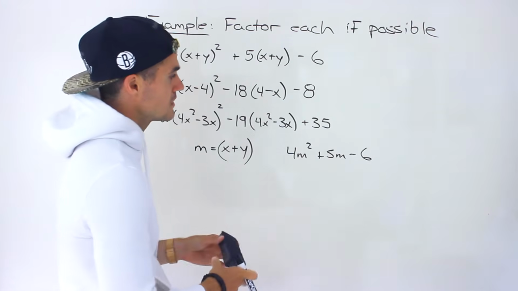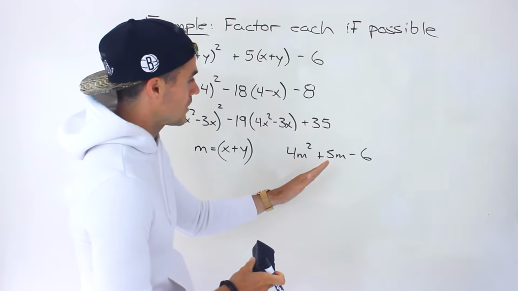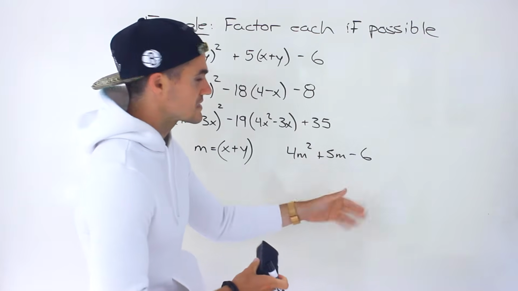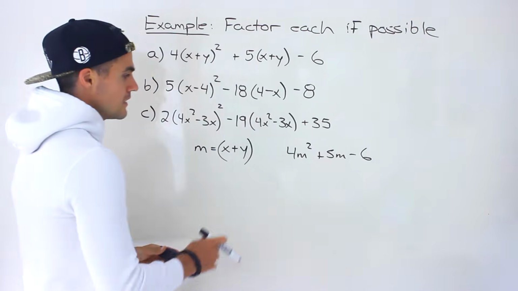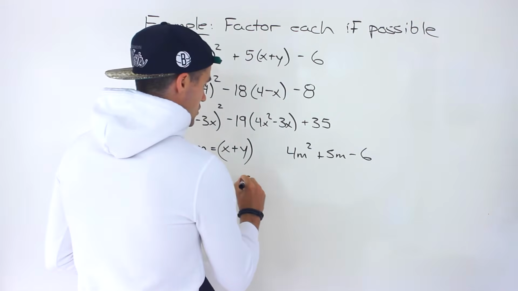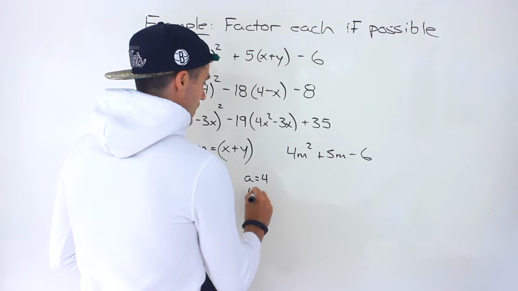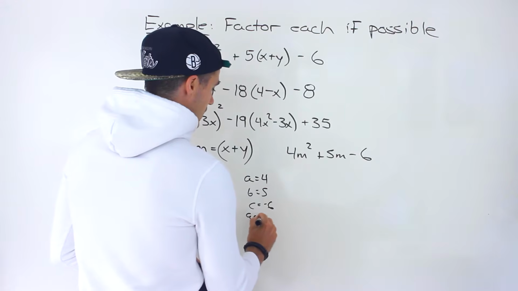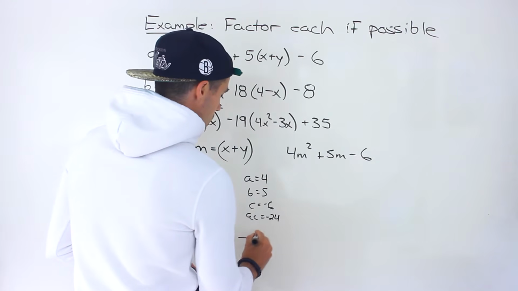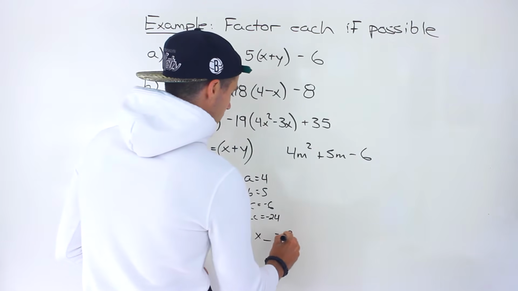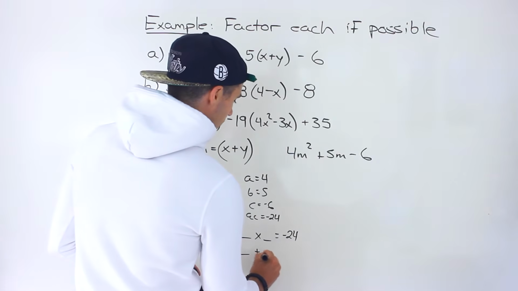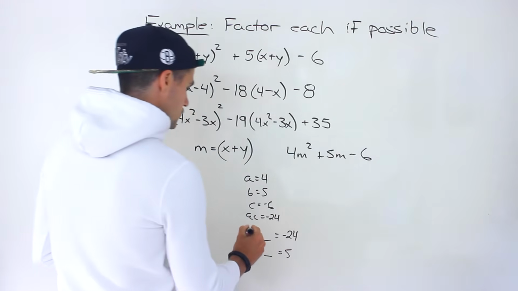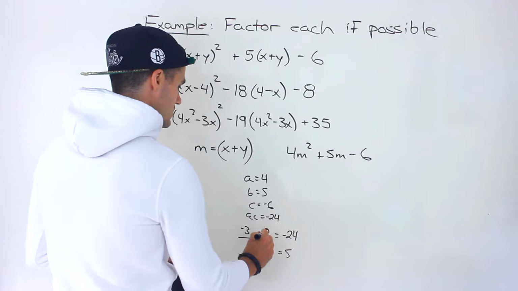If we factor this, first we look for greatest common factors. Notice 4, 5, 6. Can't take anything out of that. So let's try decomposition. We'll have an a value of 4, a b value of 5, a c value of negative 6, an ac value of negative 24. So find two numbers that multiply to negative 24 and add up to a b value of 5, which would be negative 3 and positive 8.